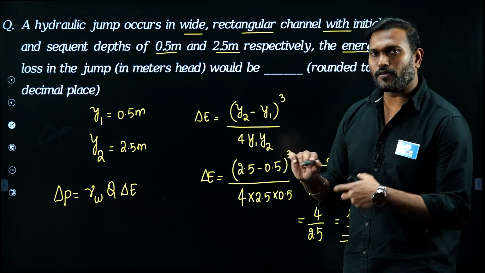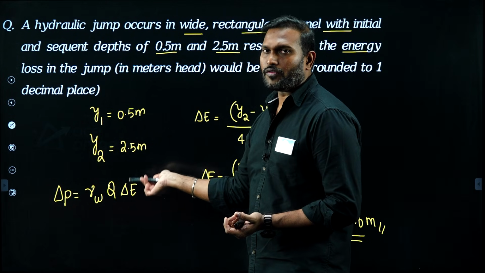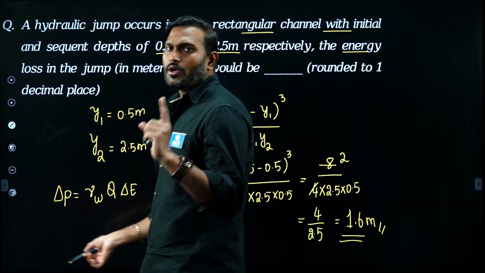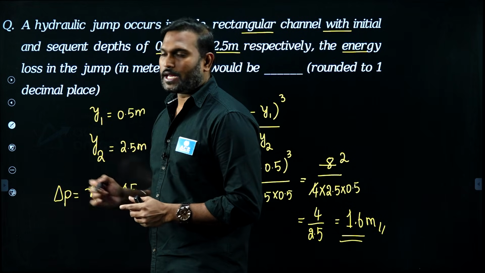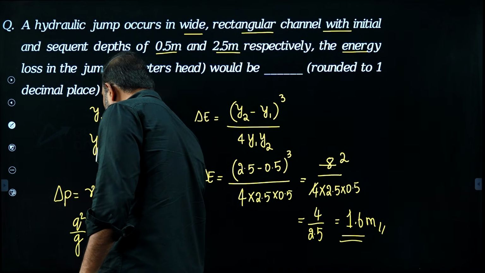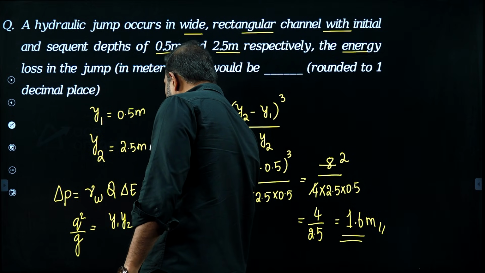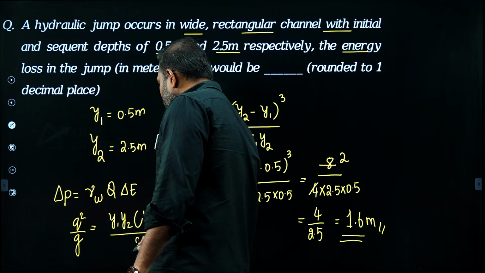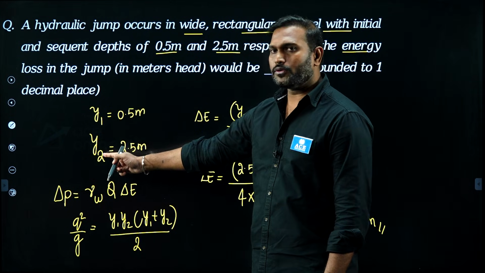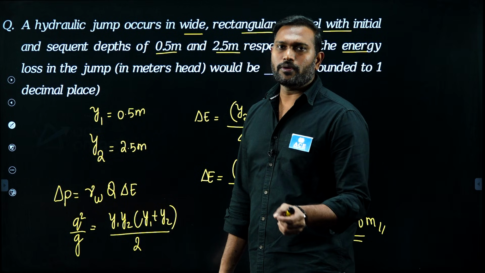In the same question, if I were to ask a 2 marks question, I would ask how to find the discharge. You know the relation between the sequent depths: q square by g is y1 y2 into (y1 plus y2) by 2. You know y1 and y2, so substitute and you will get the discharge per unit width.